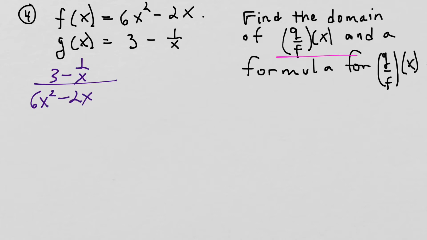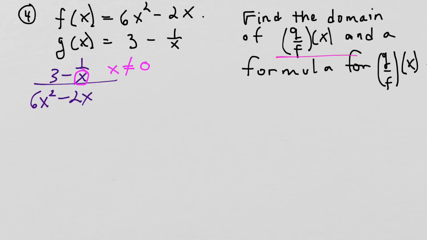All right, so let's go ahead and look at where our domain restrictions are going to occur. So in the top here, if you've got a 0 in this spot, then you need to take that x value out of the domain. So when x is equal to 0, you've got a 0 in that spot, so that tells us that x cannot be 0.